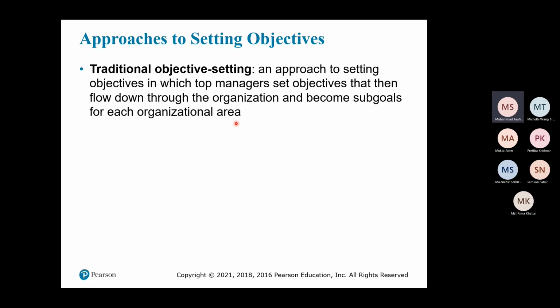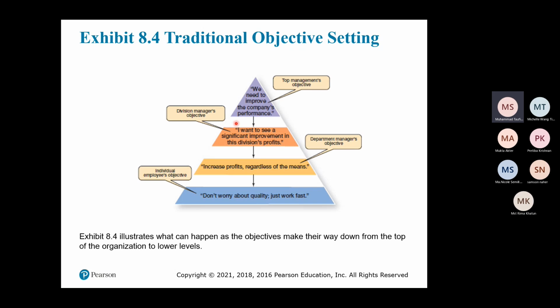The main goal comes from the top management, and the lower level sets up different, smaller goals so that if you achieve the smaller goals, you can achieve the main goal. This is how companies usually set up their goals.